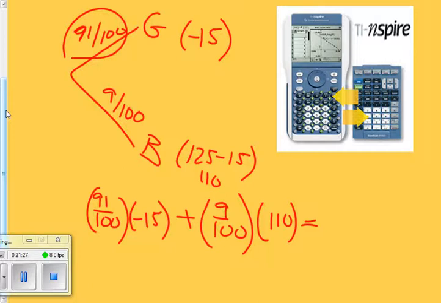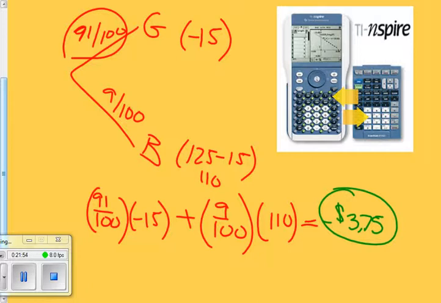What did you get that to equal? 3.75? Yep. So the expected value is negative 3.75.